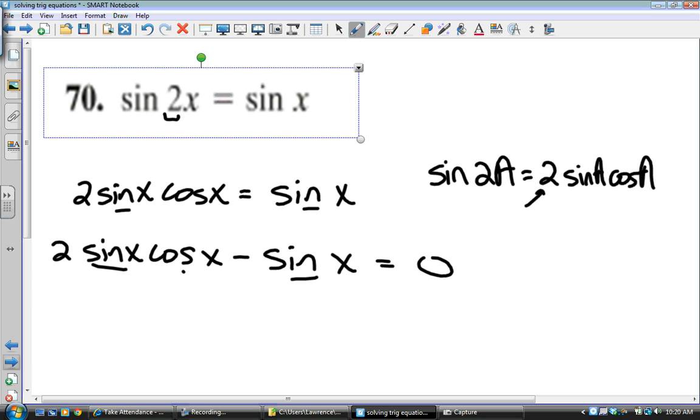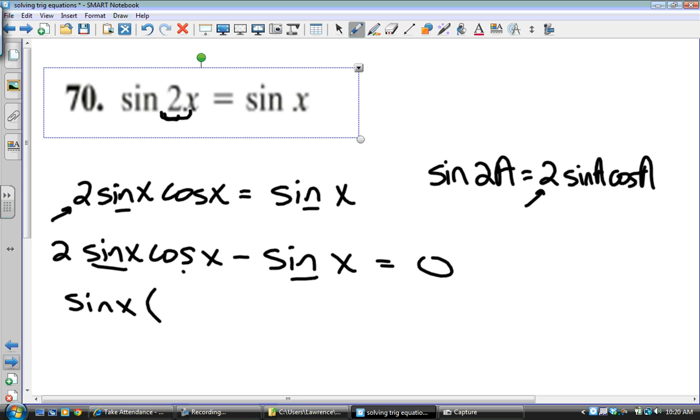You could factor it out. Yes, right here, because I had to recognize that, hey, it's a 2x thing, I need to use a double angle. Okay. Now, I'm going to factor out a sine x.